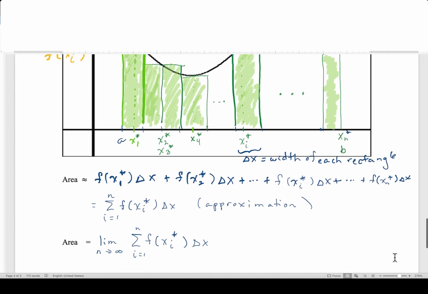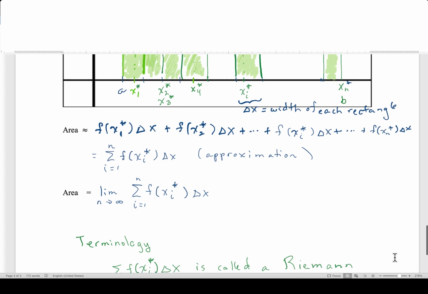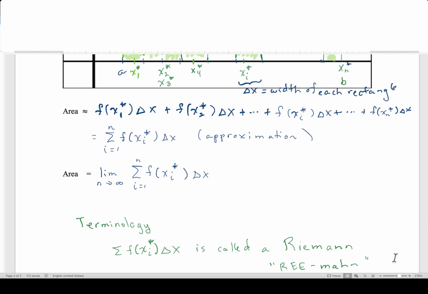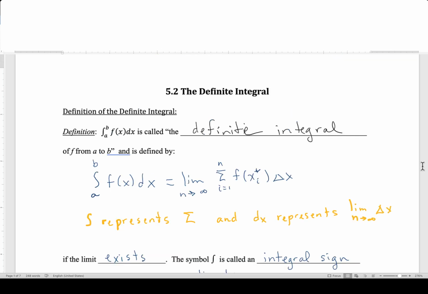The calculation looked like this: area is approximately equal to the sum of f of x sub i star times delta x. And then we defined the exact area to be the limit as n went to infinity of that sum. Then in section 5.2, we introduced this new notation and terminology. We called the limit of that sum the definite integral from a to b.